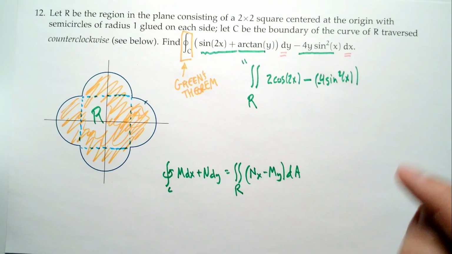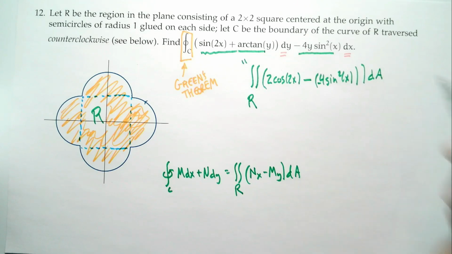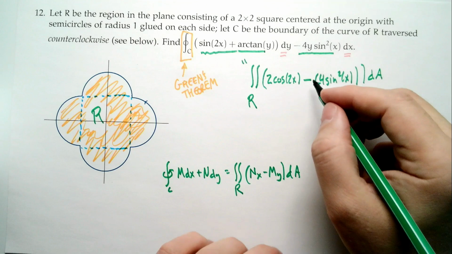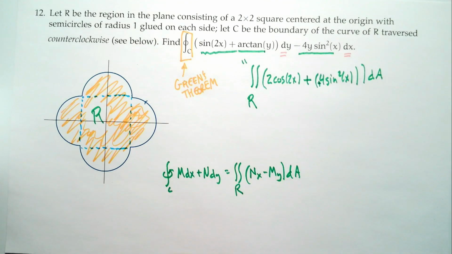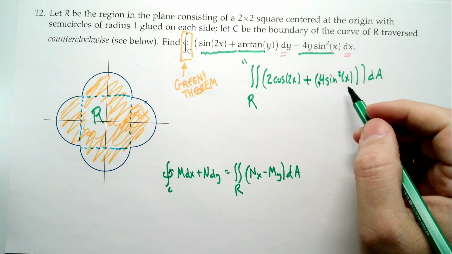So minus a minus, and we're going to do that dA. Okay, so minus a minus makes this into a plus. Now we're like, oh, but we actually have to integrate that? Well, let's think if we can improve it. How do we actually integrate sine squared of x?